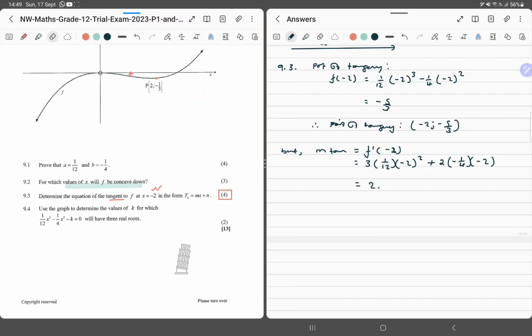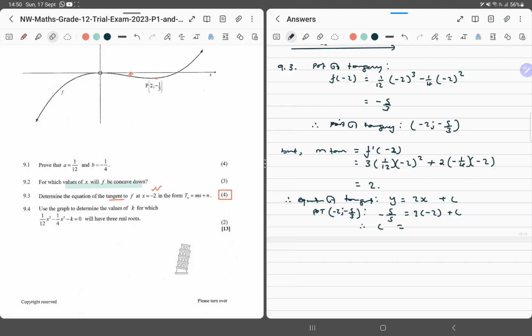So it's fine. Not a problem. So we can say, therefore, the equation of the tangent is such that y is equal to 2x plus c. Then through that point of tangency, I will call it POT, point of tangency, which was minus 2, minus 5 over 3, it will be such that minus 5 over 3 is 2 into minus 2 plus c.